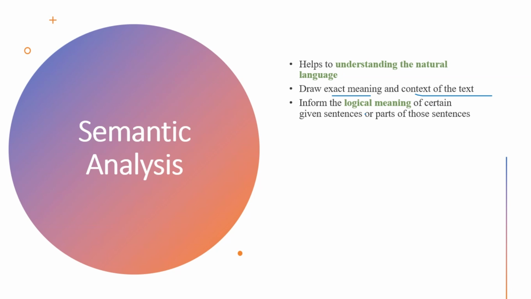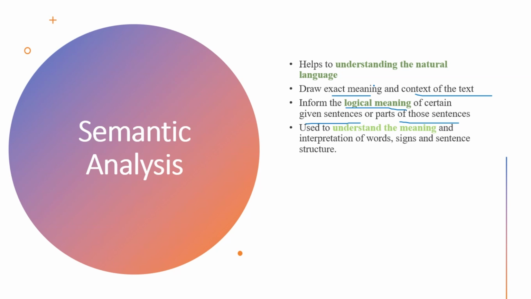In this, we try to infer the logical meaning of a given sentence or parts of those sentences. So using semantic analysis, we'll try to formulate the logical meaning of the sentence to check whether the sentence is logically correct or not, or what exactly the user is talking about.